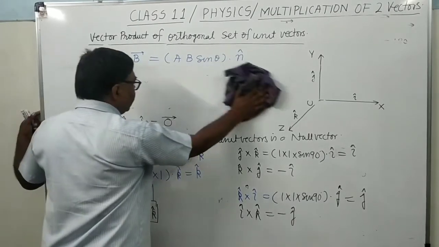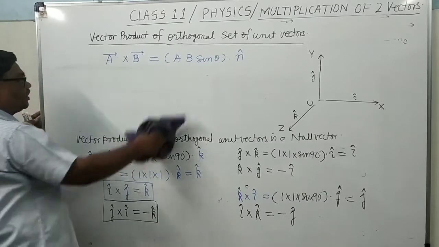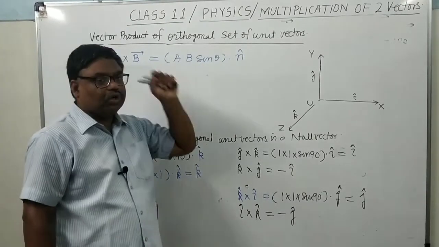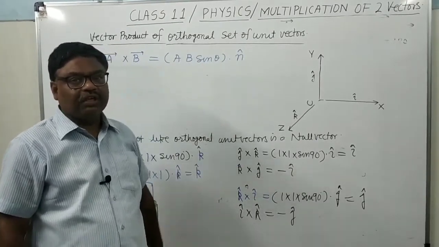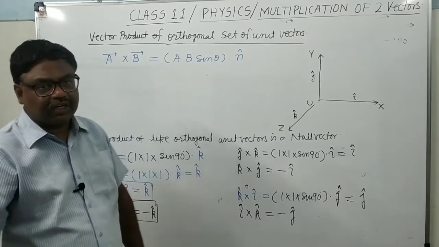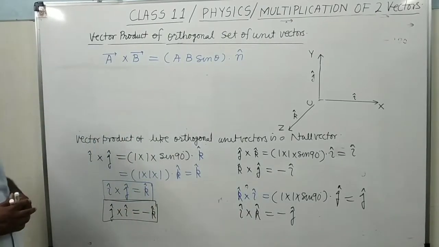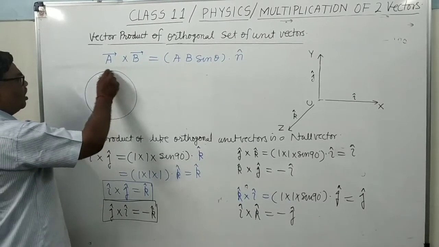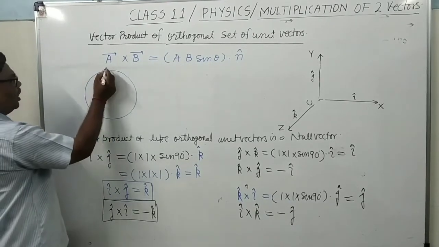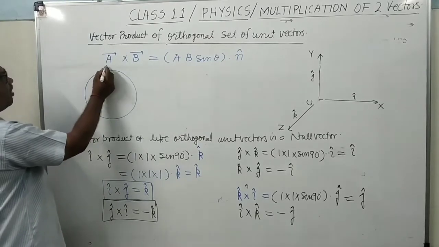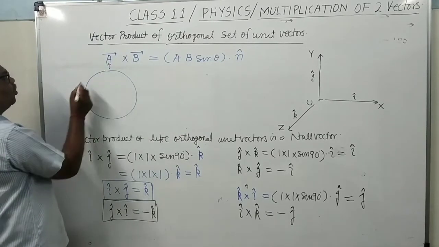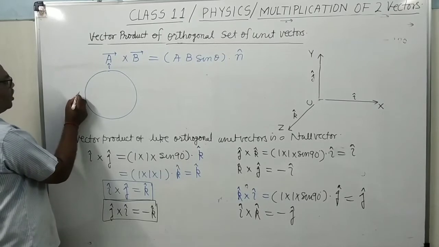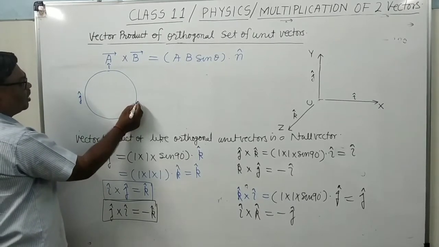But if it is the unlike unit vectors, and here I am talking about the orthogonal set. Orthogonal set means unit vector i, unit vector j and unit vector k. So there is a rule. Here along the circumference of this circle, you write unit vector i, unit vector j and unit vector k.